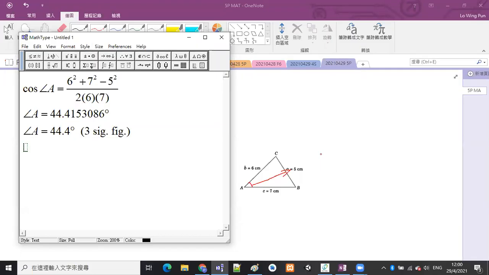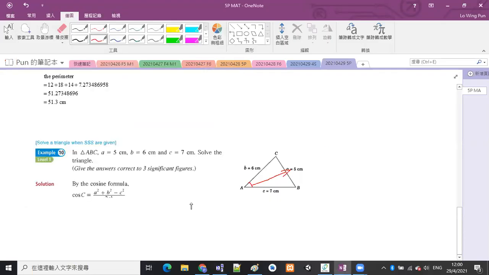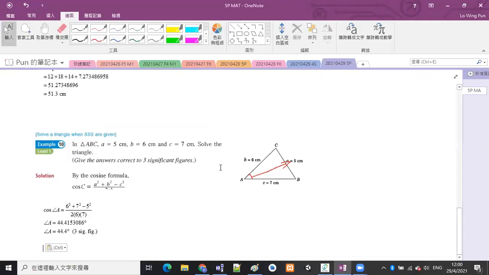Okay, and then we need to find the other angles. Maybe angle B first. Angle B, the green angle. Again, this time you can use the sine formula or the cosine formula. Both of them are okay. But actually, I do not like using the sine formula because I'm going to find an angle. I don't like to consider two possibilities and then reject one. So I want to use the cosine formula, okay?